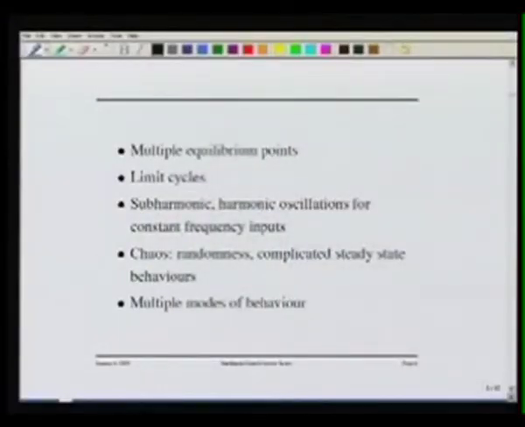Also, a nonlinear system can exhibit chaos. Chaos means its steady state behavior is highly unpredictable and random. A nonlinear system also exhibits multiple modes of behavior, which is called bifurcation.